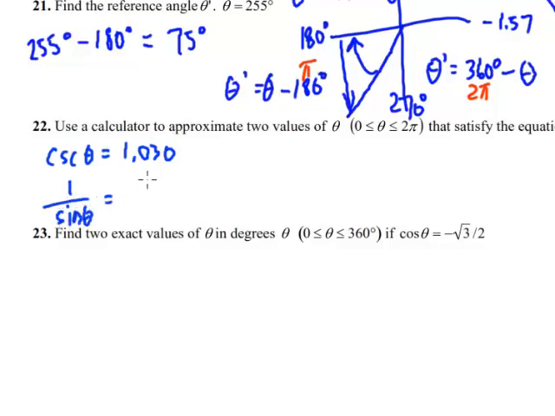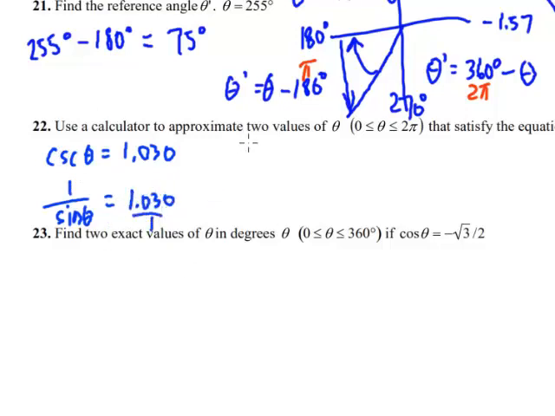That means I'm going to have 1 over 1.032. Oh, sorry. Let me redo that. Okay, that means that 1 over sine is equal to 1.032.